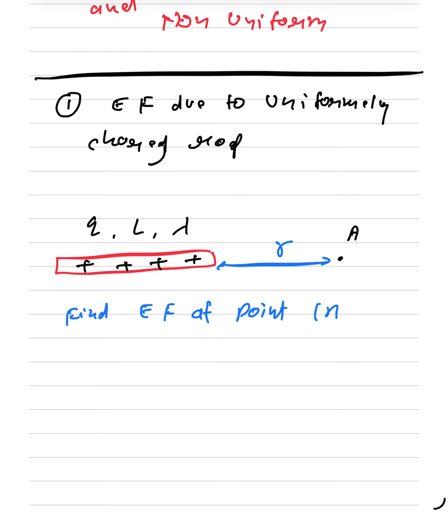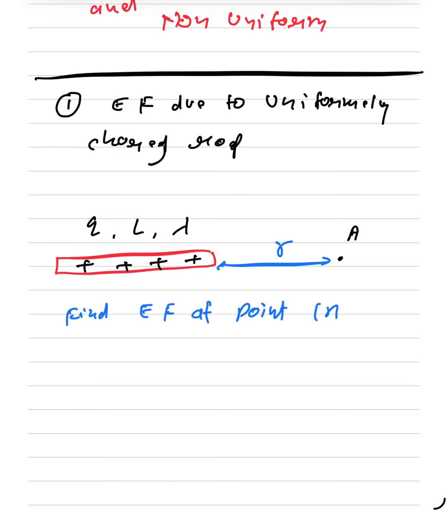Electric field dE equals k times lambda dx divided by x square, and for the total electric field, using integration on both sides, integration dE equals integration k times lambda dx divided by x square, with limits. The lower limit is small r and the upper limit is r plus L, because L is the length of the rod, right.